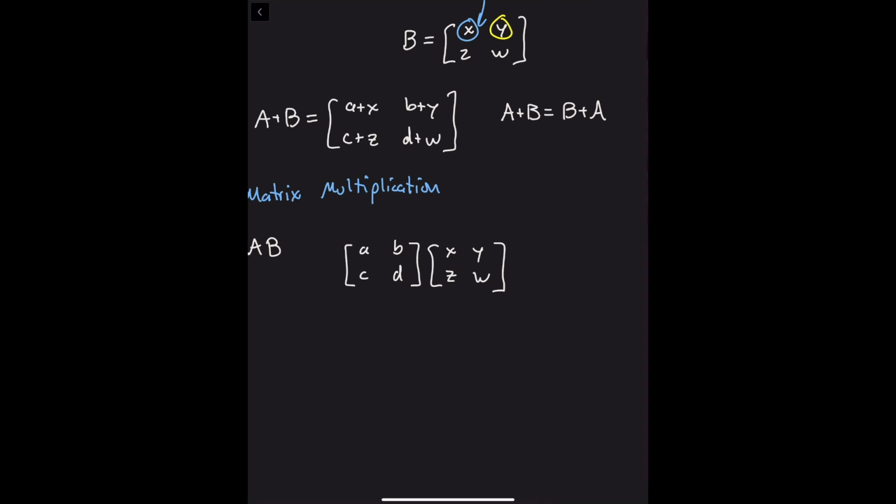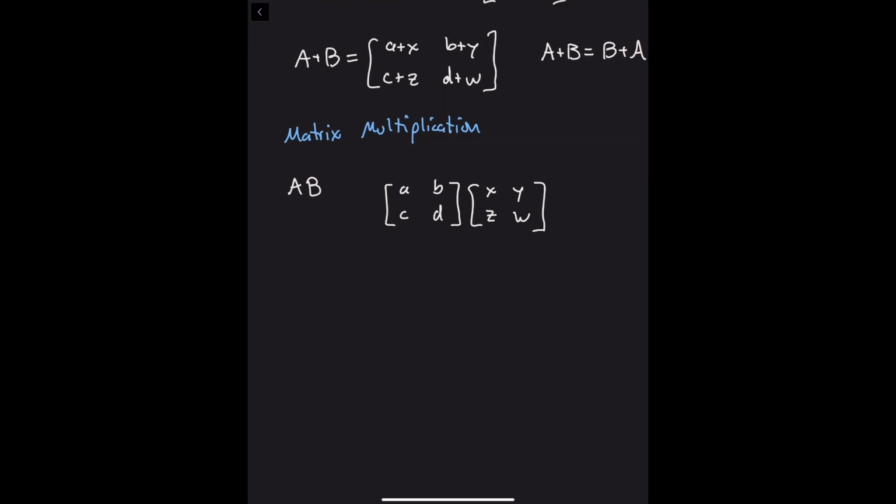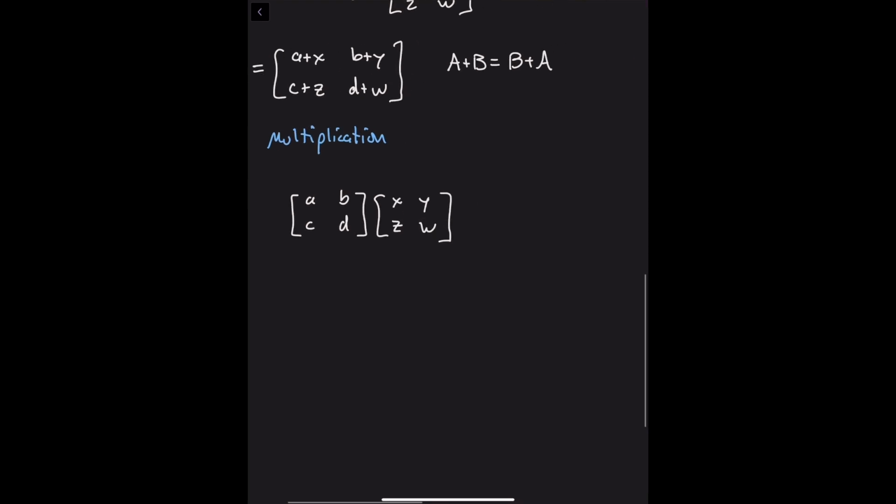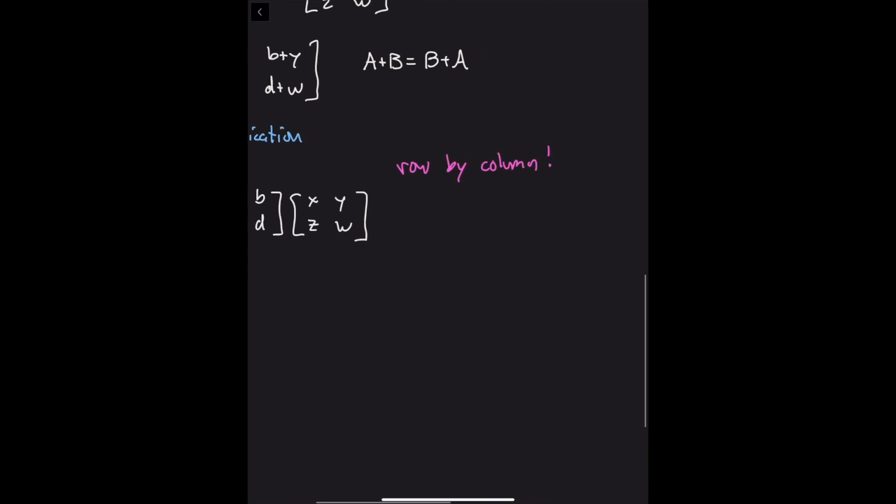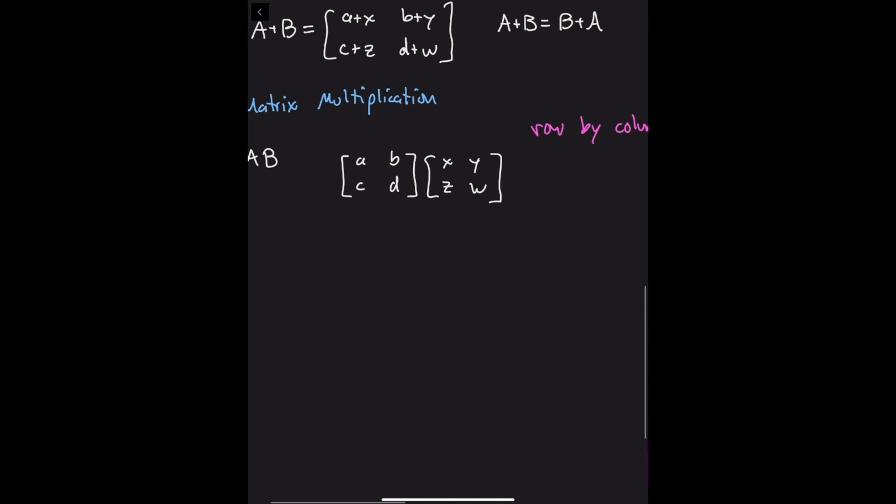And what we're going to do here is multiply, and I would always remember this, row by column. So I'm going to leave a little note on the side. Row by column. Always remember that. I have a lot of physics friends, and sometimes they forget this.